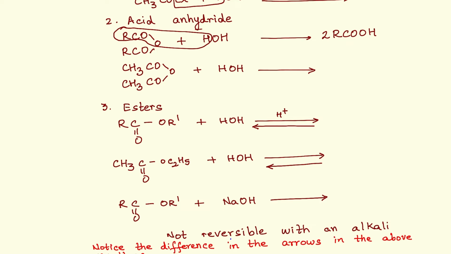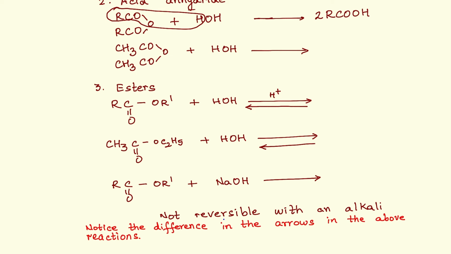Isn't it easy now? And you can write either an acidic or alkaline medium. Interestingly, this reaction can even take place in the absence of these. You just add hot water and this reaction will take place, because basically acid anhydride is acid from which water has been removed. You are providing that water and you get the acid back.